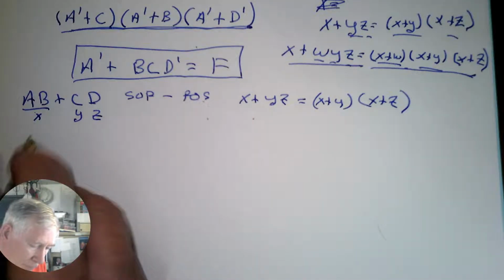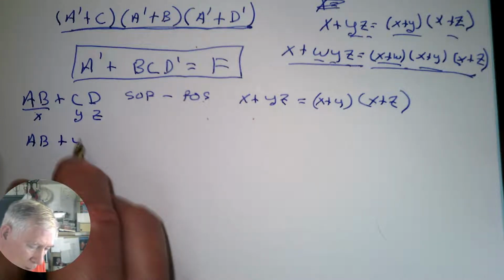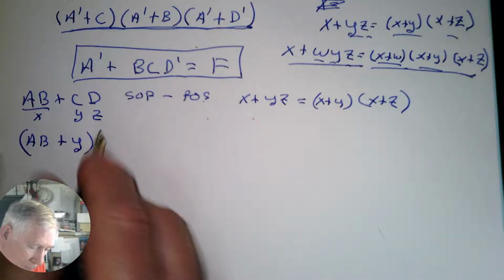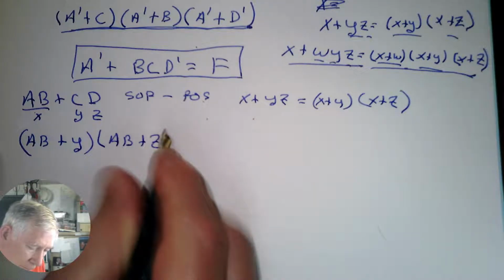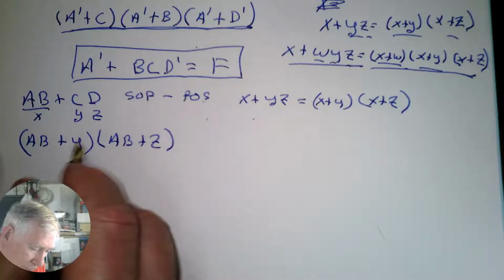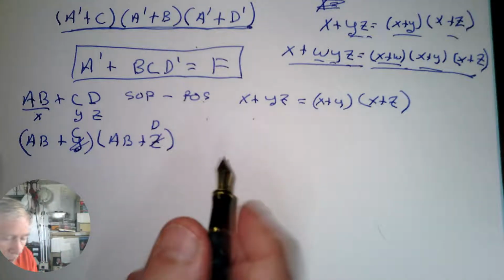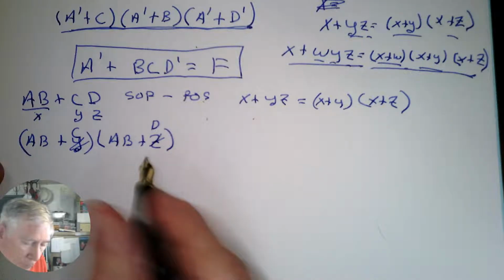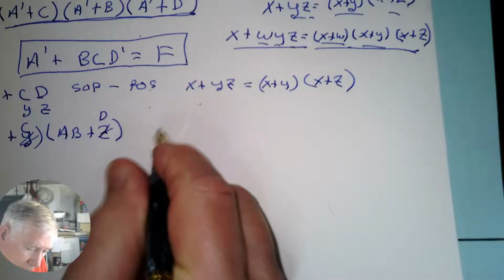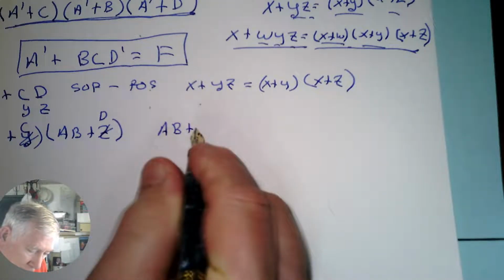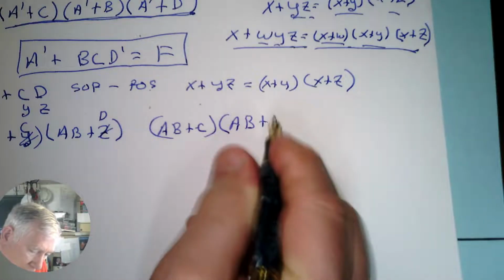That's going to give me AB plus y quantity times AB plus z. Well, sorry, this should be C, and this should be D. So let me rewrite that, because that's a little confusing. AB plus C quantity times AB plus D.